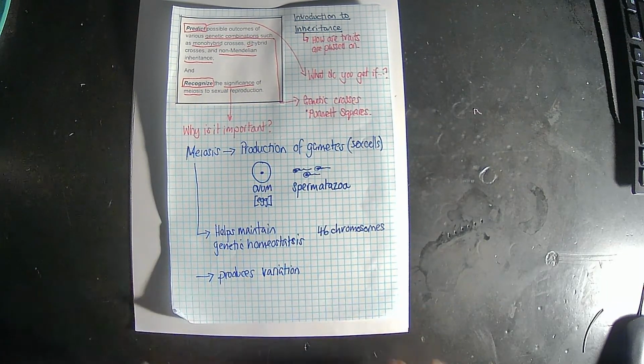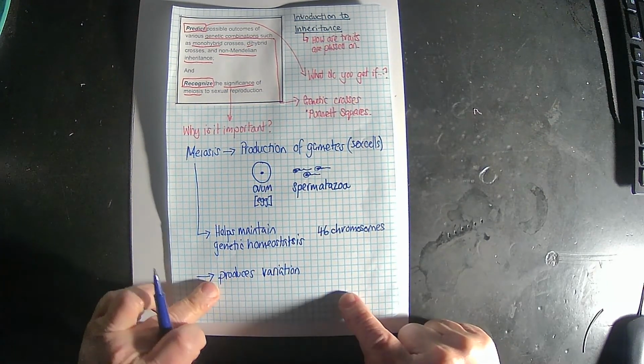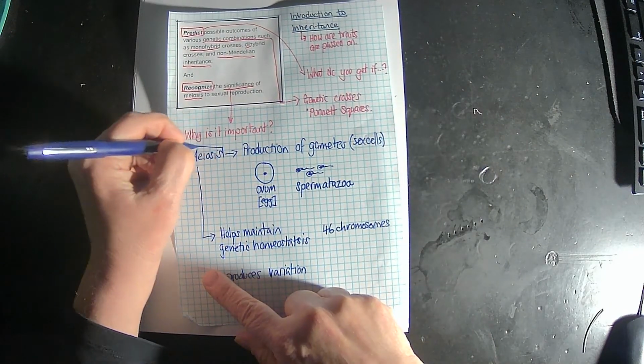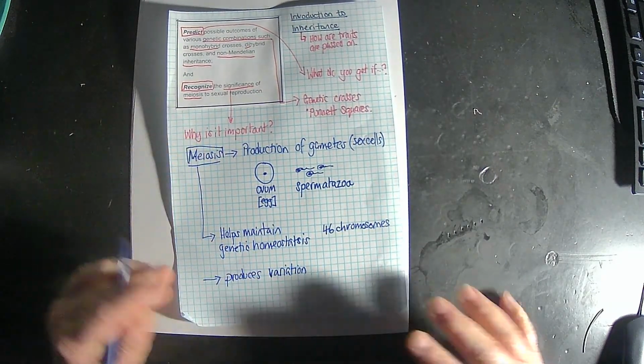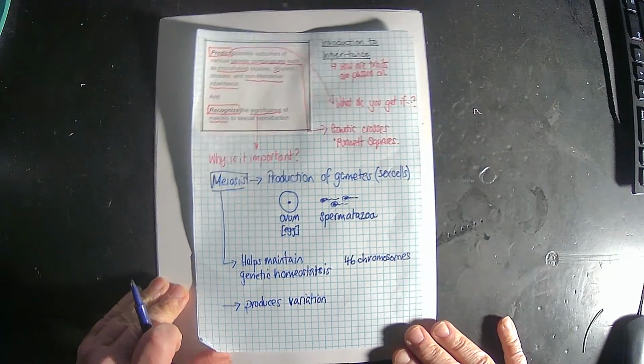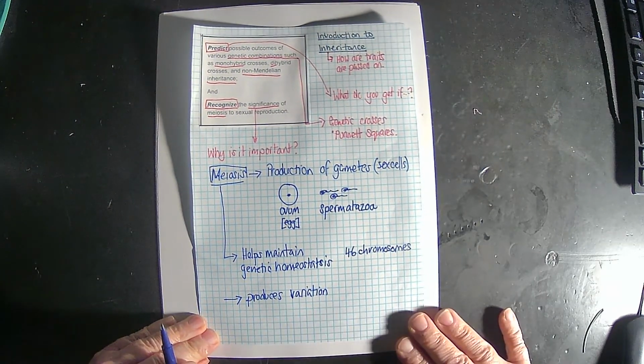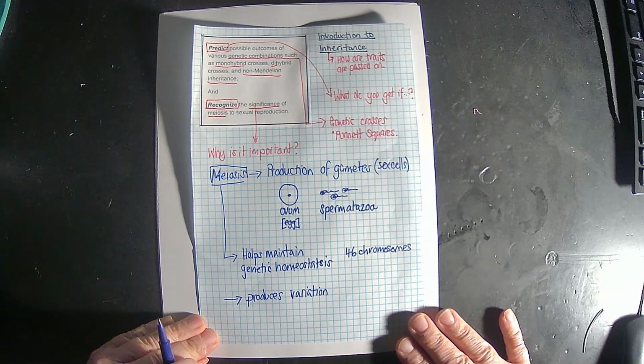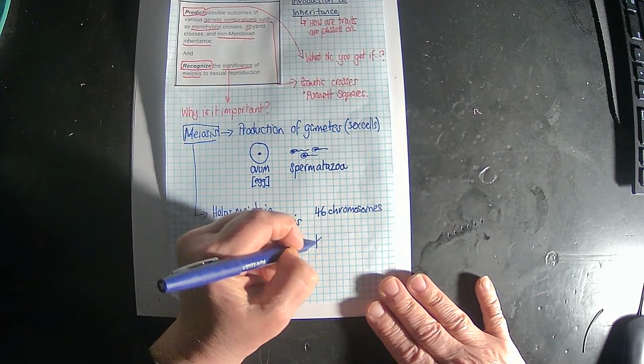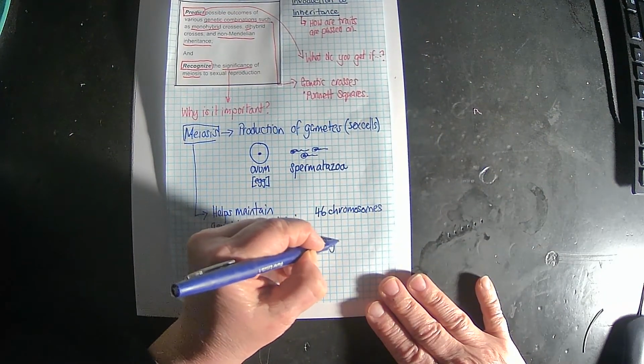So this is kind of what we're going to be looking at. We're going to start here with meiosis, and once we understand how we make gametes, then we're going to look at what happens at fertilization in terms of what happens to your chromosomes. Then we're going to look at what happens when it goes wrong, and we're going to talk about something called karyotypes.